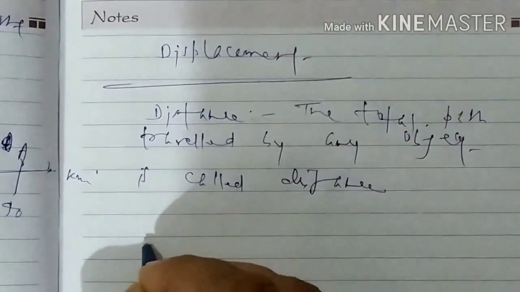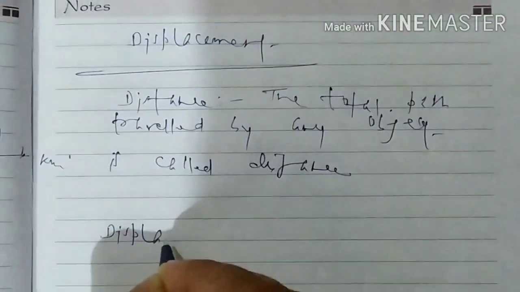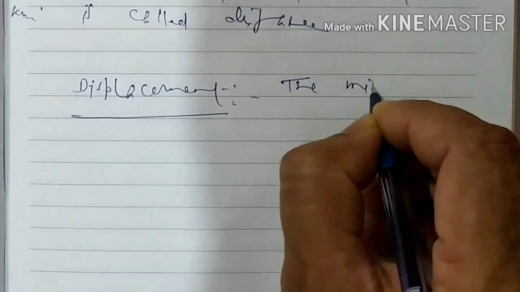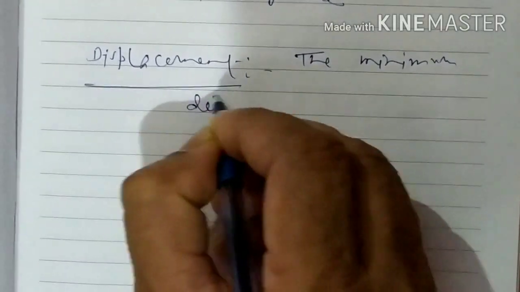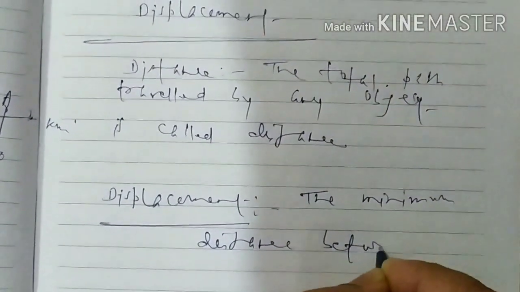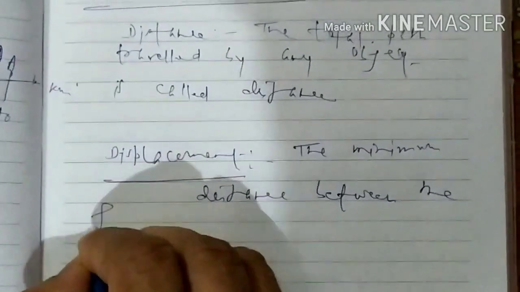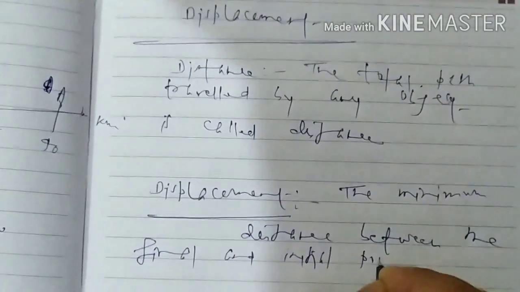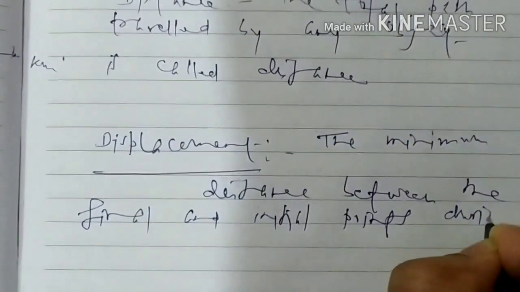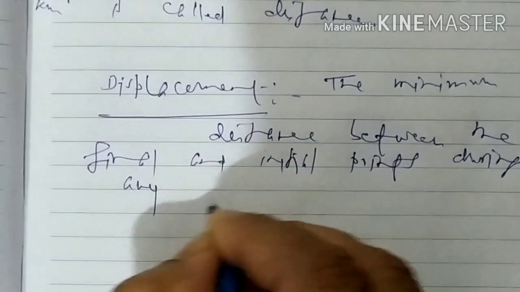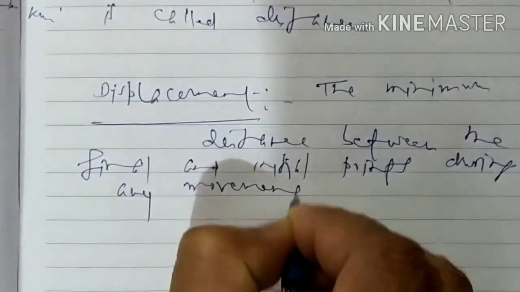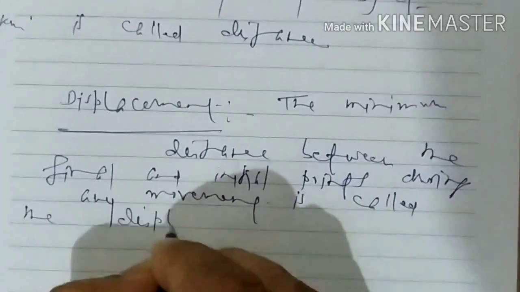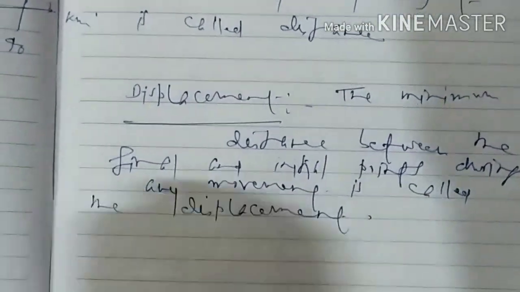But how can we define displacement? Displacement: the minimum distance between the final and initial points during any movement is called the displacement.